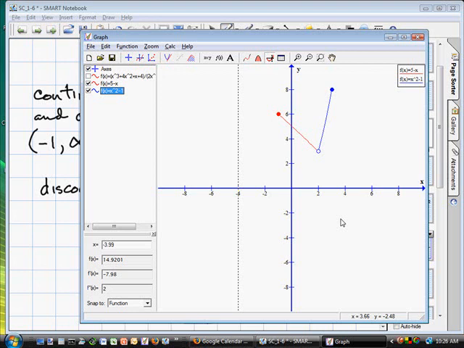Okay. So now, what about the continuity? If that red dot is really there, like it should be, doesn't the red dot kind of fill up the open blue circle? It should. And I can't draw on it to show you that. So, what about the continuity? We don't have an issue.